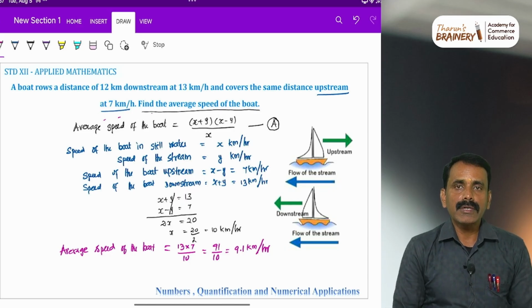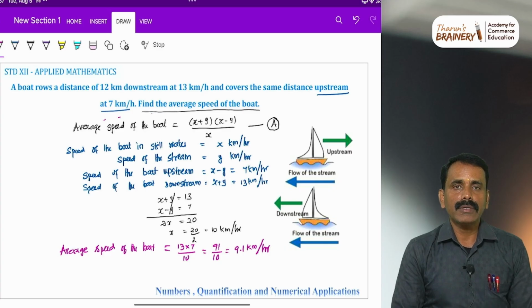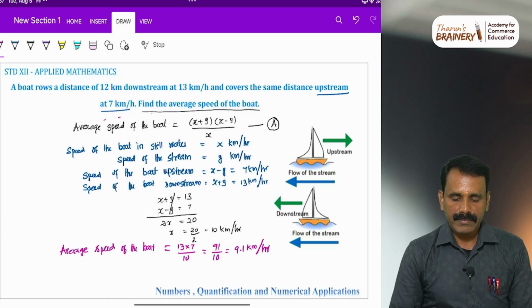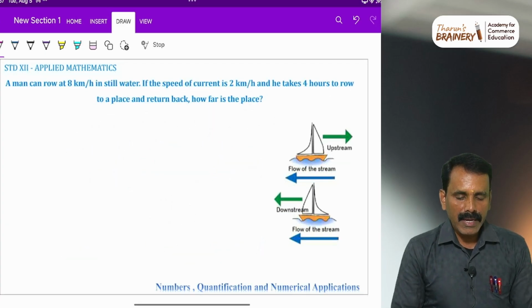So this problem we are solving using the formula. The formula to find the average speed of the boat is x plus y into x minus y divided by x. In this problem, a man can row at 8 km per hour in still water. The speed of the current is also given, it is 2 km per hour, and it takes 4 hours to row to a place and return back.